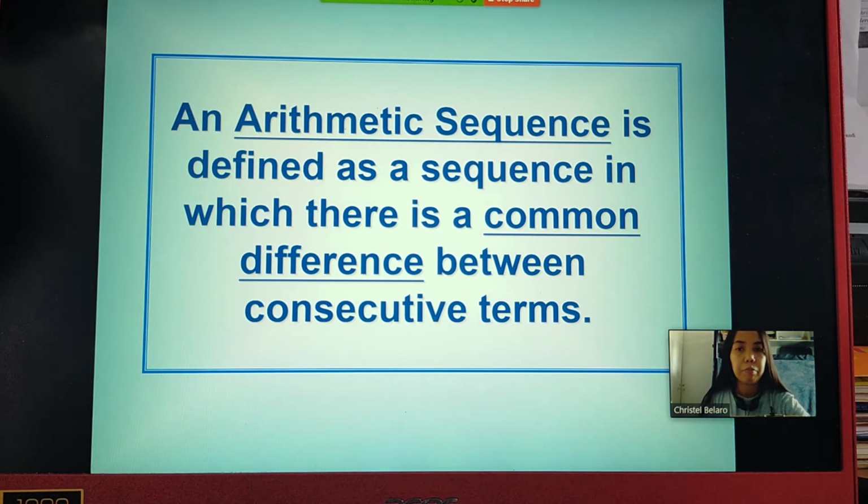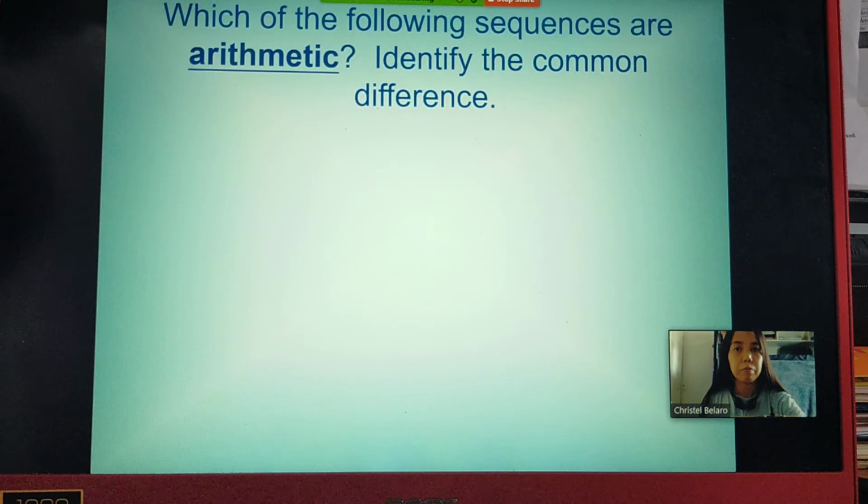Let's identify the following sequences if they are arithmetic. If the given example is an arithmetic, identify the common difference. How are we going to identify the common difference? Yes, Rain. We subtract the first term from the second term, the second term from the third term, and so on.